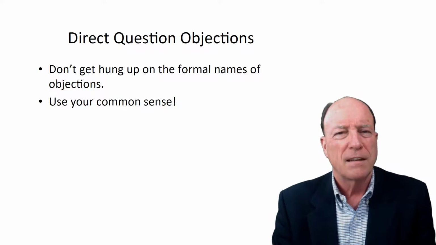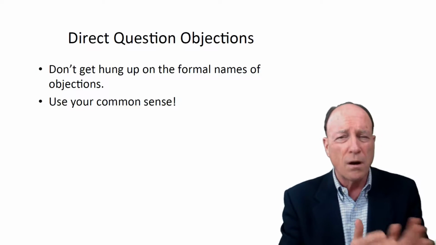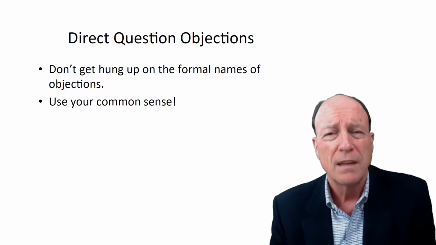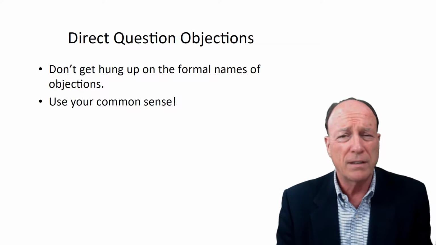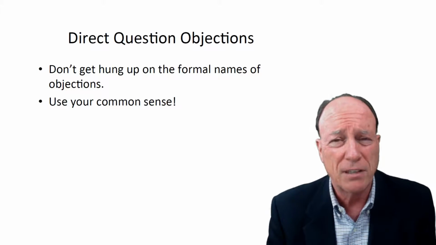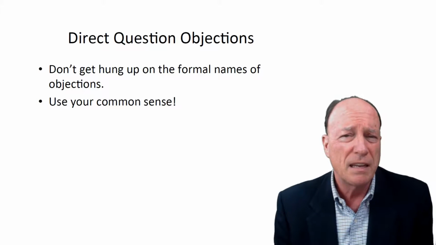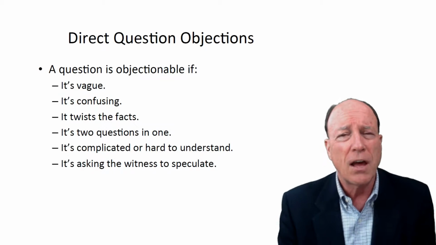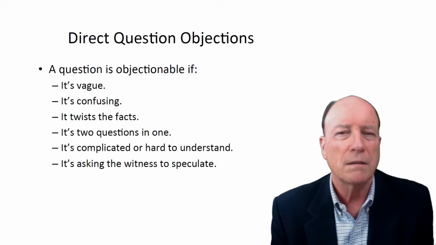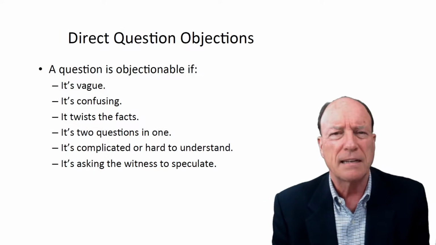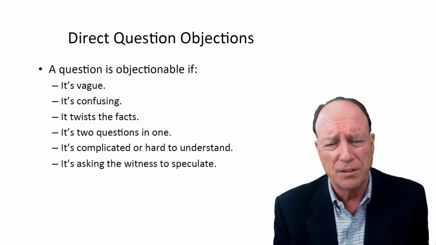And if you hear a question asked of your witness and you are playing defense in this role, and you hear a question asked of your witness that is vague or confusing or it's compound, simply make the objection and explain the reason for your objection in plain English, in common sense. Arbitrators are not looking for formality. They're looking for, well, clearly articulated common sense objections to questions that are asked during the course of the competition.